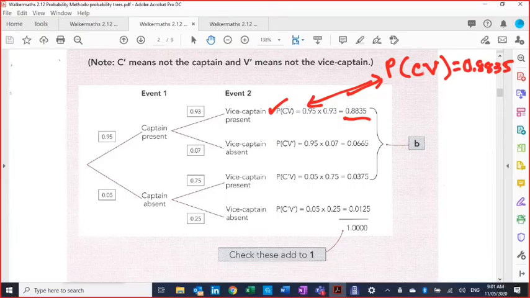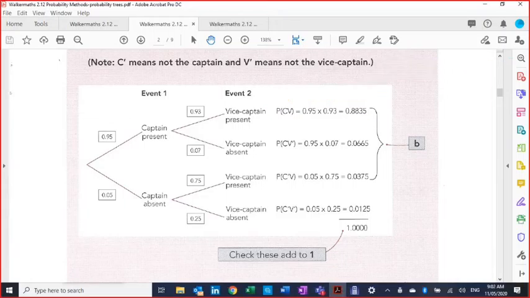Remember, we typically use 4 decimal points for probability. Okay? So once you've built the chart, built the tree, and found out what each branch has, then it's pretty easy to answer the questions. Okay? Let's look at the next question.